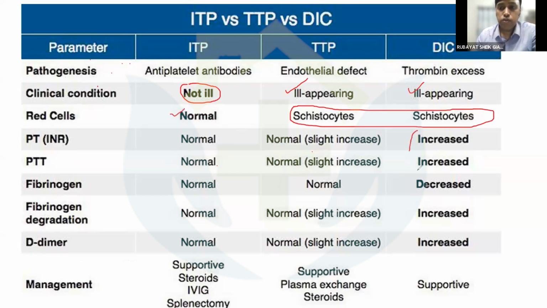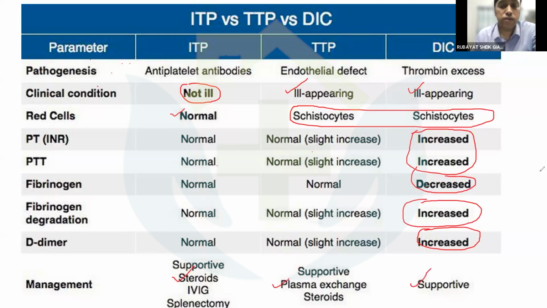Both prothrombin time and APTT are raised in DIC. Usually normal in both of the others. Fibrinogen levels reduced. FDP, fibrin degradation products, increased. D-dimer increased. Treatment of choice: oral steroid for ITP, plasma exchange for TTP, and for DIC, supportive therapy and treatment of the underlying cause. I hope you're all clear with these three conditions so far.